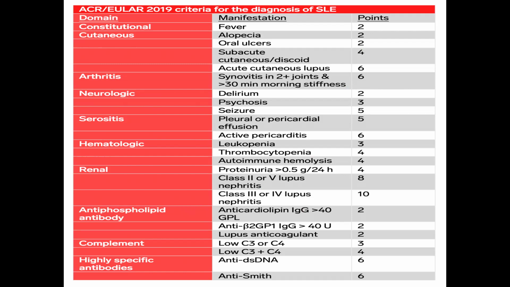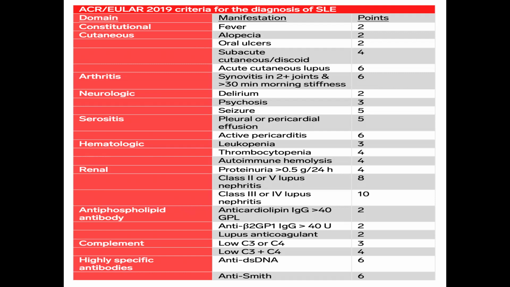Neurologic: delirium, psychosis, seizures. Serosal: pleural or pericardial effusion, active pericarditis. Hematologic: leukopenia, thrombocytopenia, autoimmune hemolysis. Renal: proteinuria, class 2 or 5 lupus nephritis, class 3 or 4 lupus nephritis.